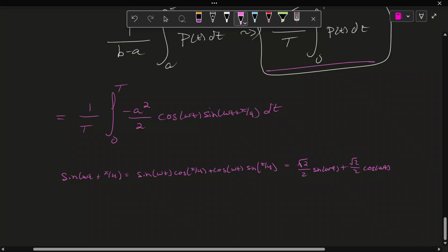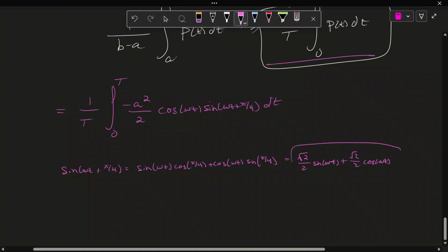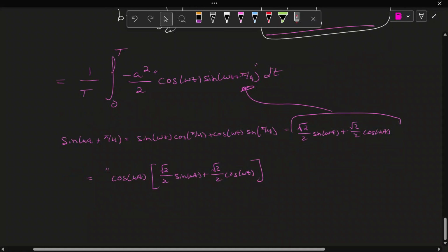Well, that's helpful. We expanded this, and now we're going to plug this back in for this here. So this is equal to, and I'll put this in quotation marks so that from now on I don't have to rewrite this, cosine omega t times root 2 over 2 sine omega t plus root 2 over 2 cosine omega t. And it looks like we're going to be able to multiply these together. I believe that's what we're on the track of doing.